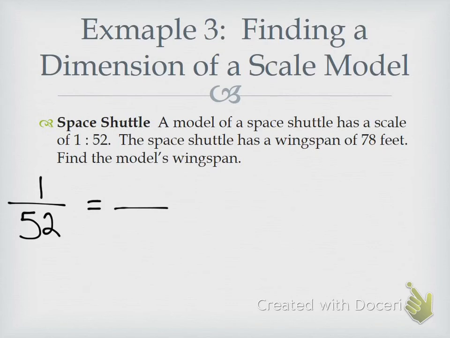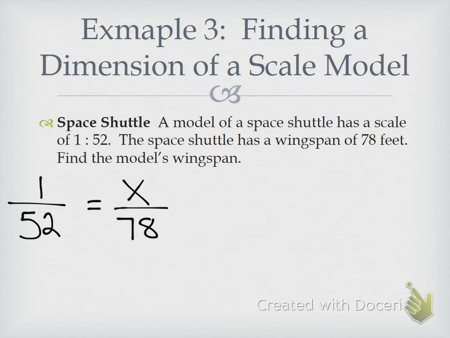Top or bottom? Top. Why top? Because I don't know the model. And it's got to be the same thing on both sides. 1 is the model, so the unknown model length goes on top. 78 goes on bottom. And now I do my cross products and solve.